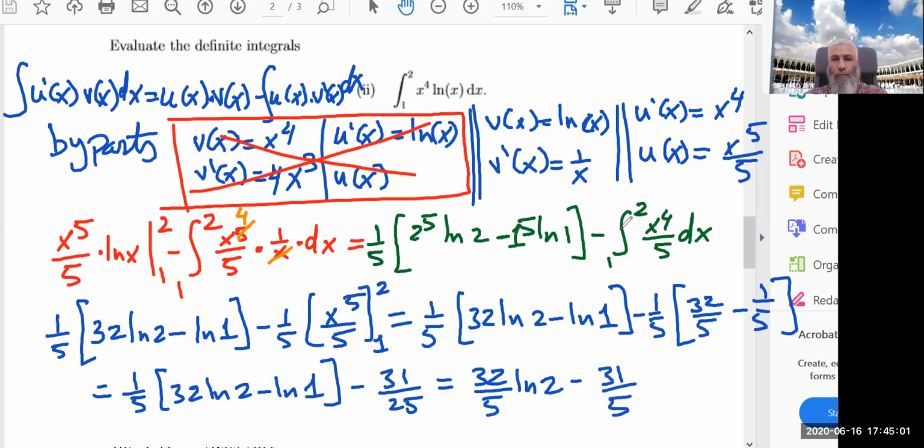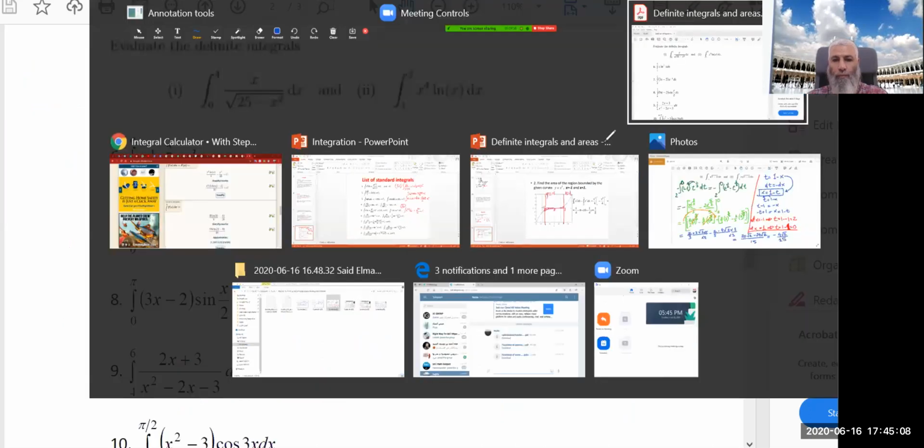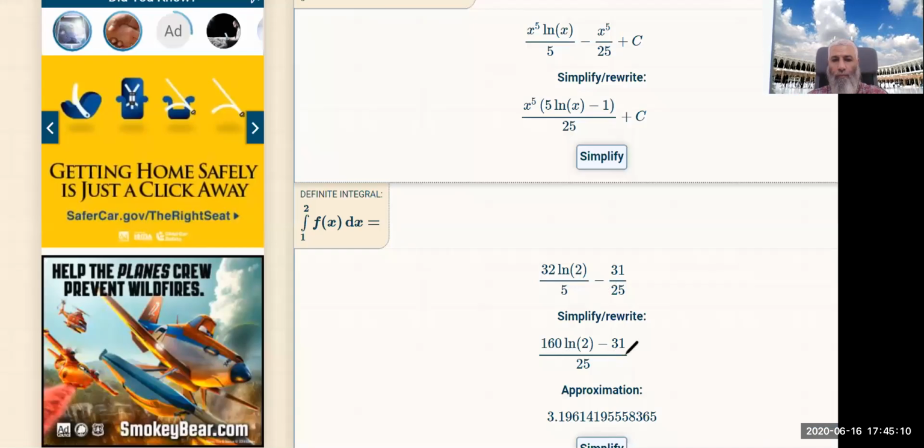That's it. This is our answer: 32 ln 2 over 5 minus 31 over 25.